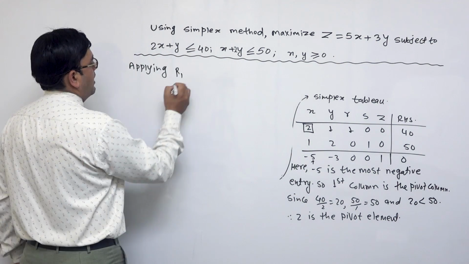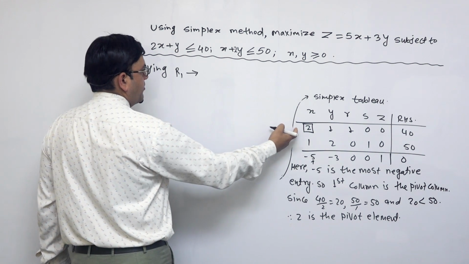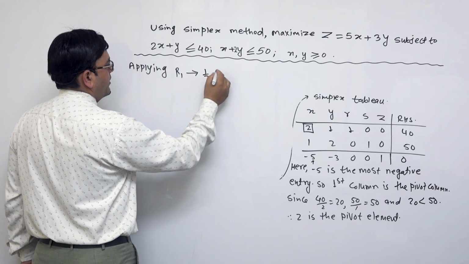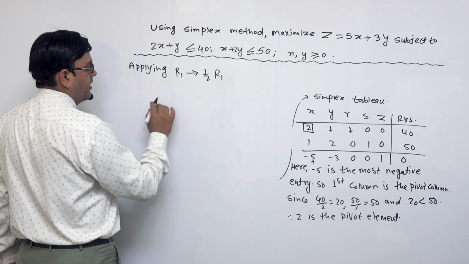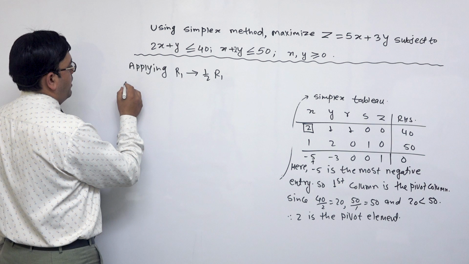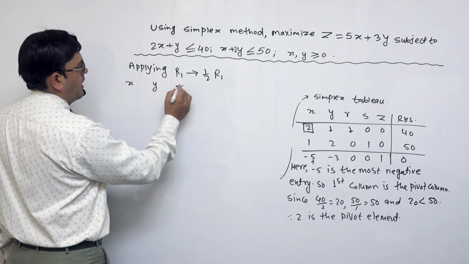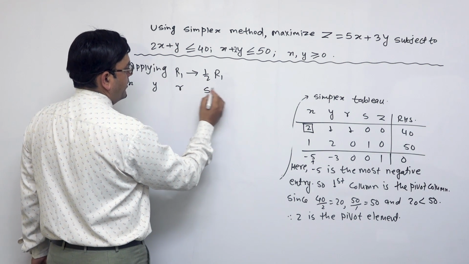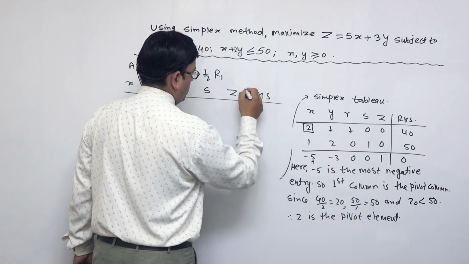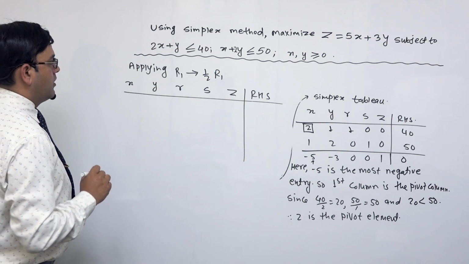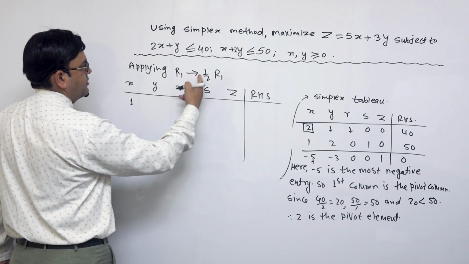Now let's see, to make R1 changes into 2 become 1, we have to do 1/2 R1. R1 changes into 1/2 R1. Now look, our table is x, y, r, s, z, RHS. So we have here 1 because R1 changes into 1/2 R1.